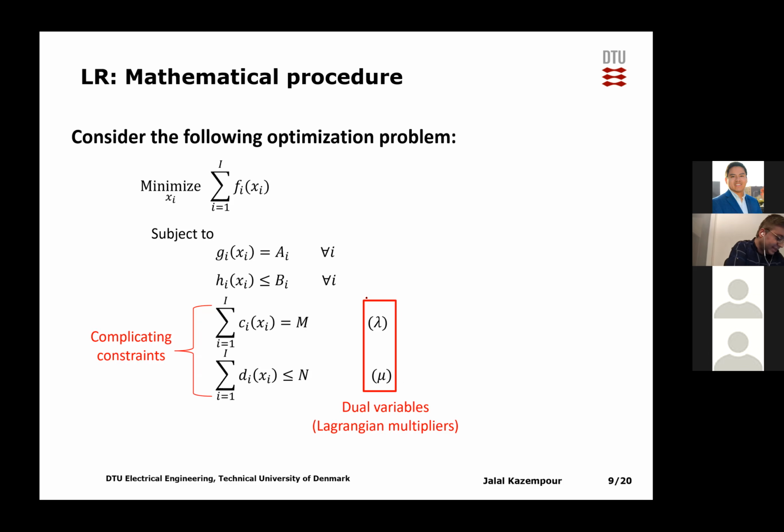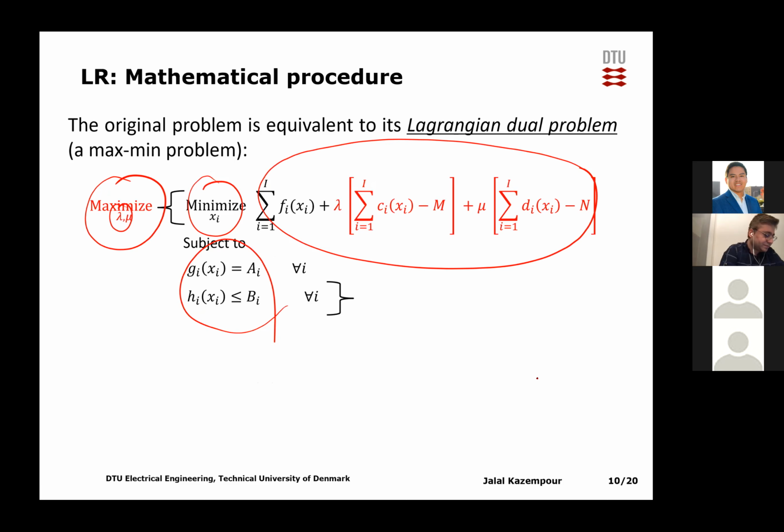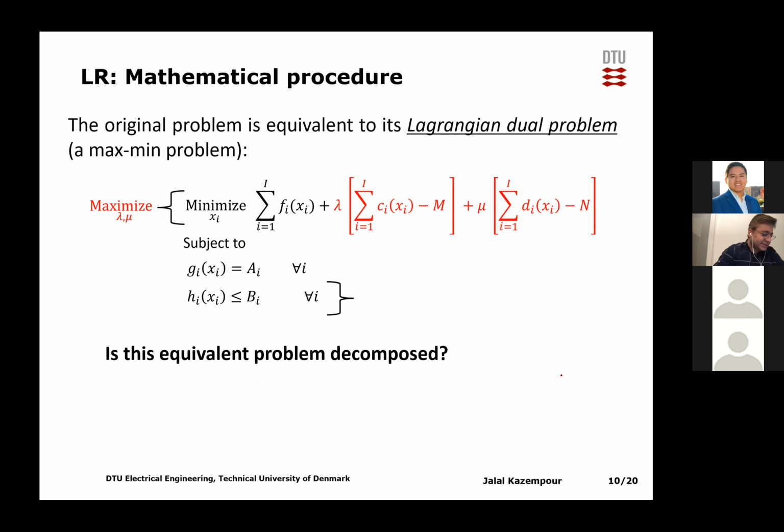What I did is bring these constraints to the objective function. So now in our objective function we have a term with lambda and mu. They are dual variables, so I'm writing max over lambda and mu. So it's a max min problem. Is it clear? Very good. So this max min problem is equivalent to our original problem.